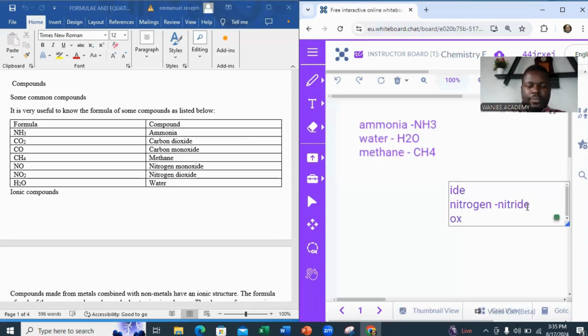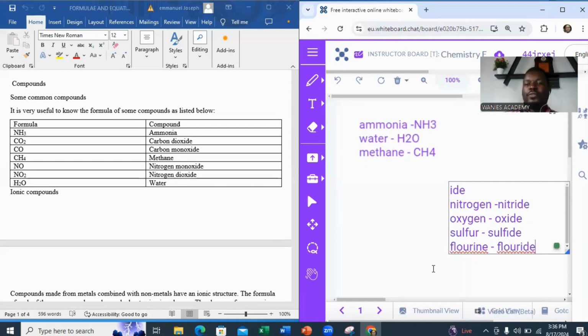Oxygen follows the same pattern. Oxygen becomes oxide. And then let's talk about sulfur too. Sulfur automatically becomes what? Sulfide. And then let's pick a halogen. The first one there is fluorine, and fluorine also takes the name fluoride ion.